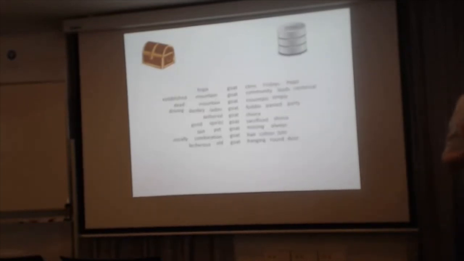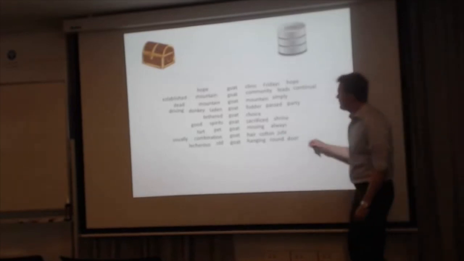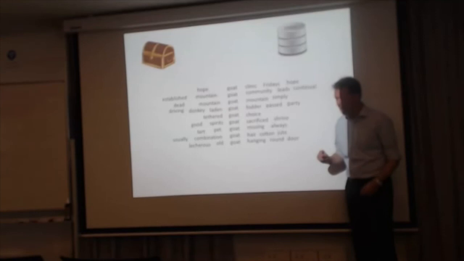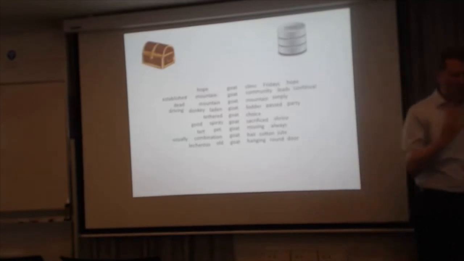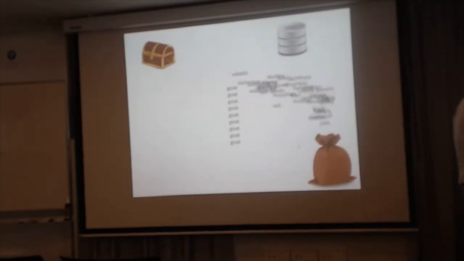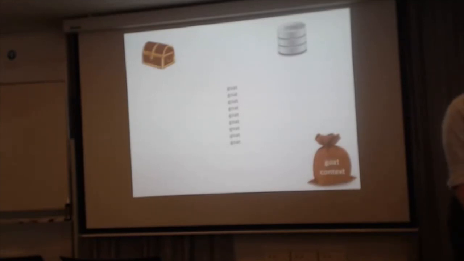So what's left is a context of highly specific lexical items that are predictive of the word goat. Okay, so all these context words we can put into a bag of words. Again, that's a technical term in corpus linguistics. And this bag of words represents our goat context.